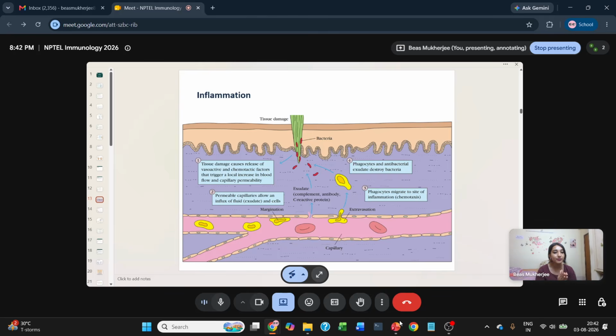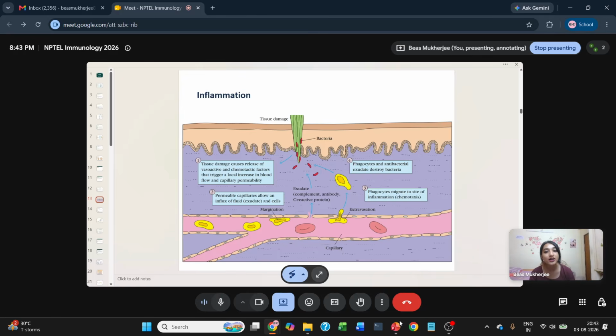Okay, so we remembered that there was this tissue damage, there was this wound that had happened, bacteria had entered into the body. Then what happened was tissue damage causes release of vasoactive and chemotactic factors. What is chemotactic? Chemotactic factors are once again factors that are asking other immune cells to come to this place.